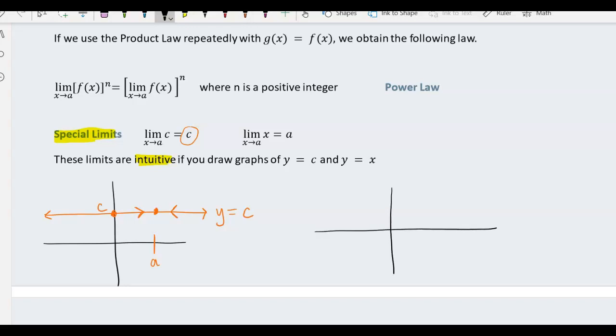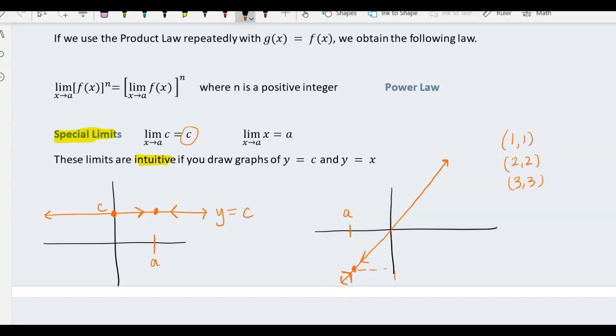For the second example, we're considering the function y equals x. Y equals x is when x and y have the exact same input-output values. So 1, 1 is on the graph, and 2, 2 is on the graph, 3, 3, right? So let's take a value a here. And we want to know what happens as we approach from the left-hand side and from the right-hand side.